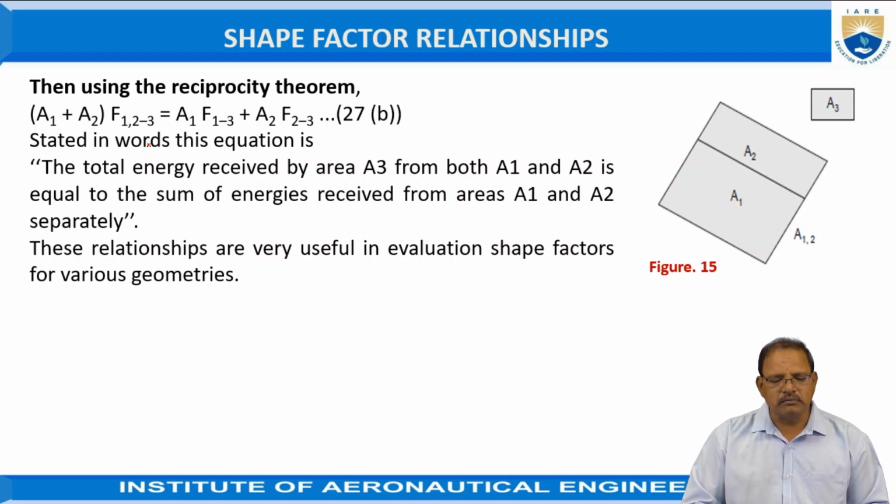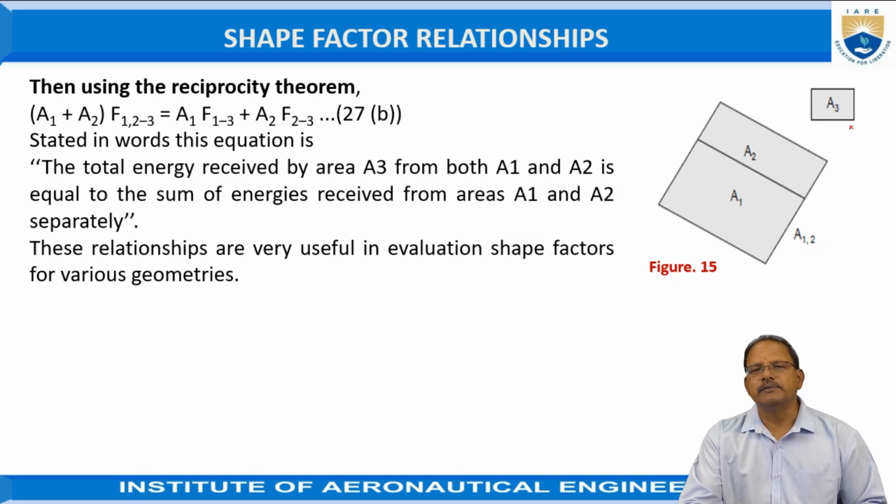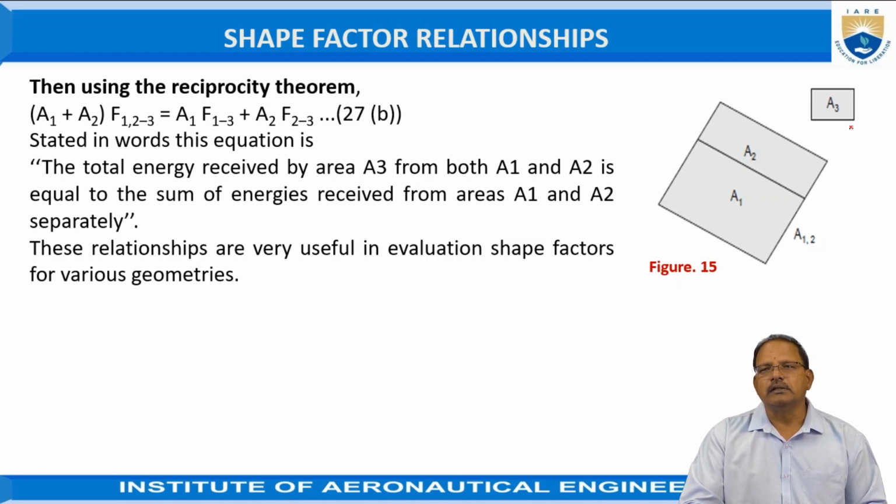The total energy received by area A3 from A1 and A2 is equal to the sum of the energies received from areas A1 and A2 separately. These relations are very useful, particularly in evaluating shape factors for various geometries separated by certain distances.